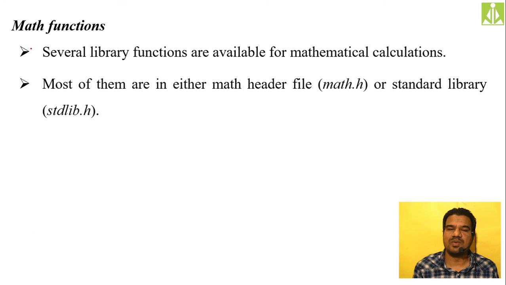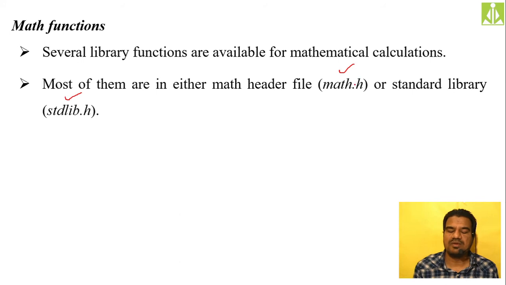To perform all these operations we have a set of library functions, which we call mathematical library functions. These are included in one of two files: in some compilers they are in math.h, and in some compilers they are in stdlib.h.